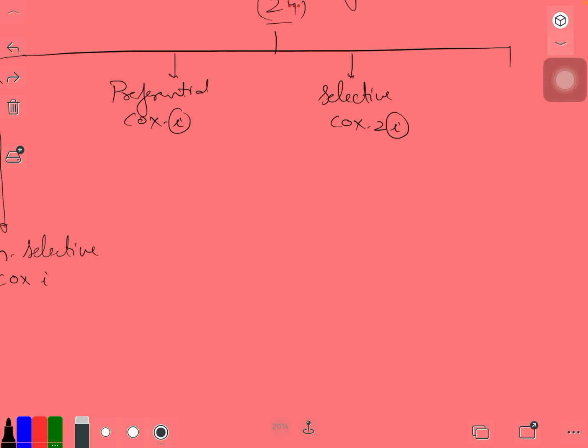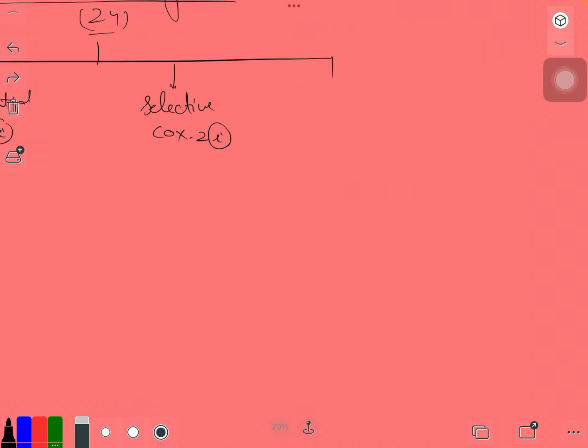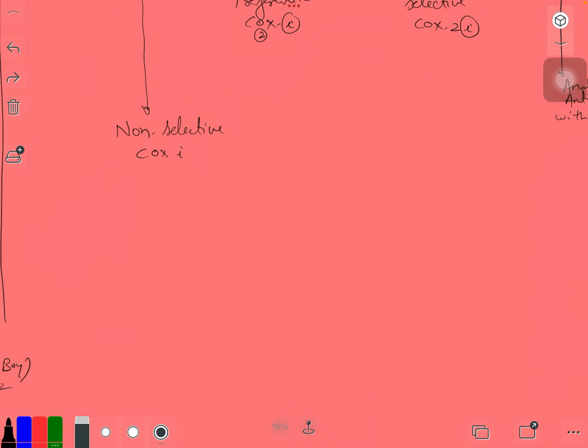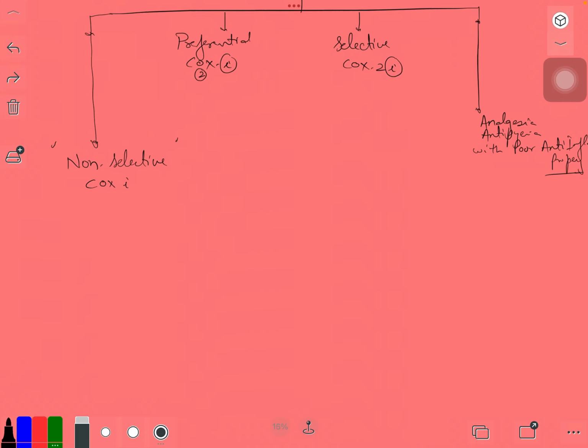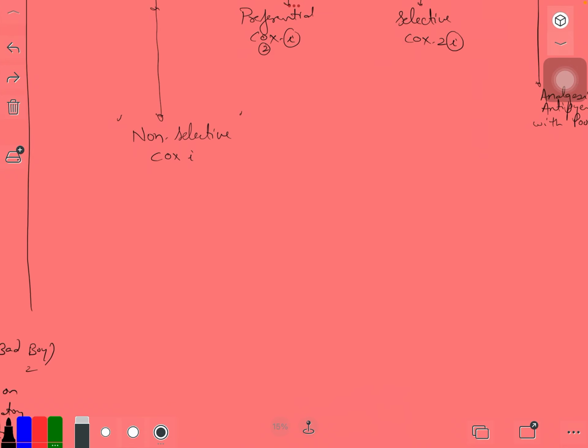And lastly, there is analgesic and antipyretic with poor anti-inflammatory property. So this is the main 4 classification. Out of all these 4, the biggest group is the non-selective COX inhibitor.